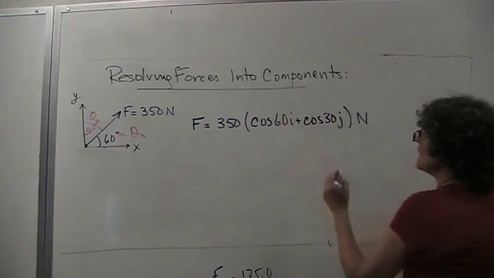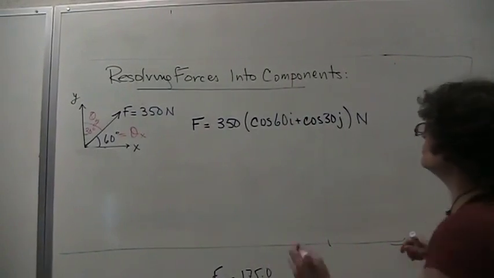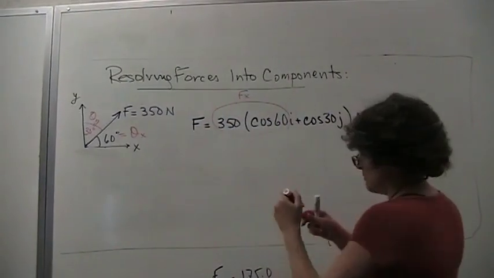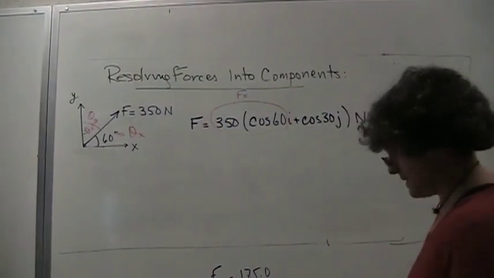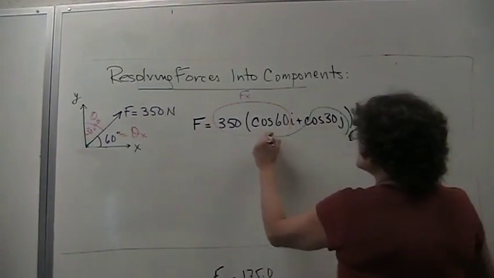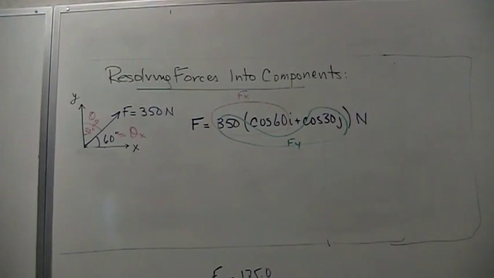And I'm going to put j, because j represents my y. So if you look at this, this right here is my x component of my force. And this plus this is my y component of the force.